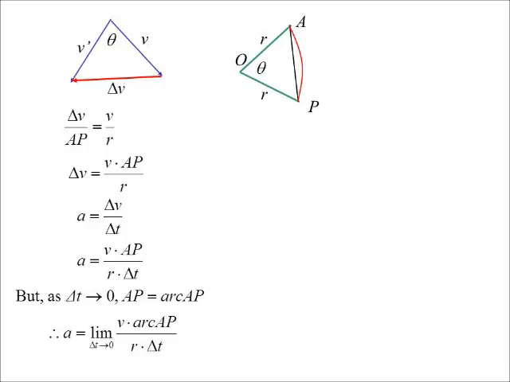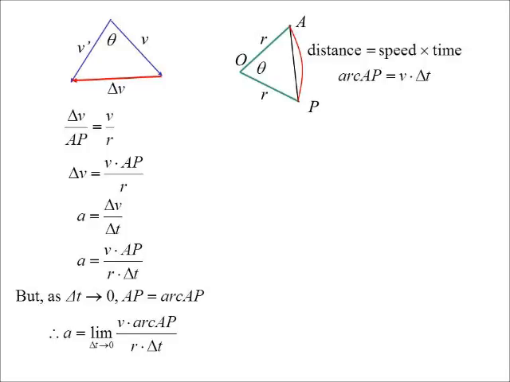So the acceleration we could consider then to be, because we're talking about at an instant, again if we use limits, the limit as delta t approaches zero of the velocity times the arc AP, because as we're approaching zero I can say arc AP is the same as the chord AP. Okay.